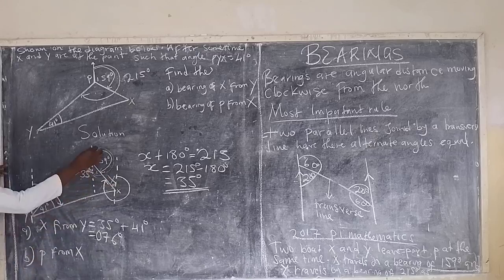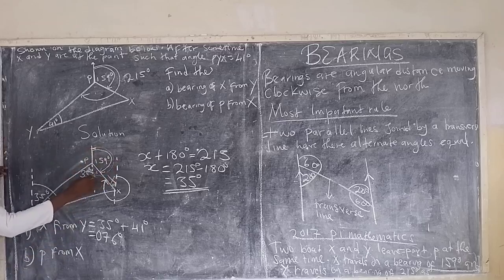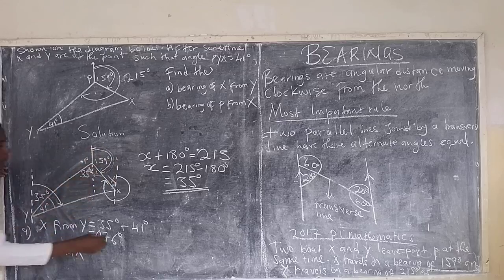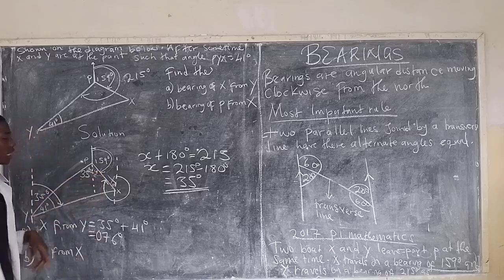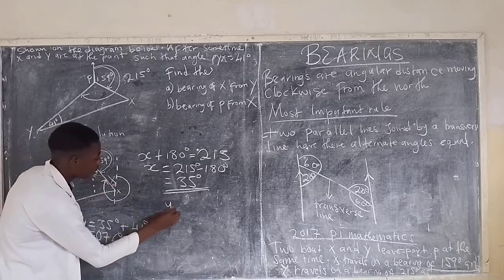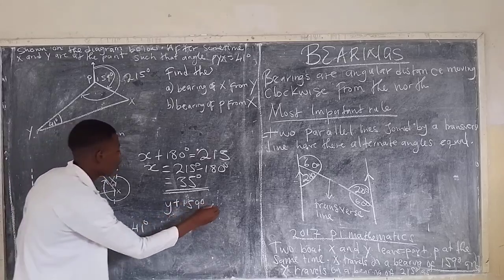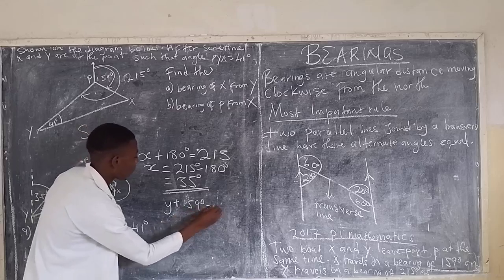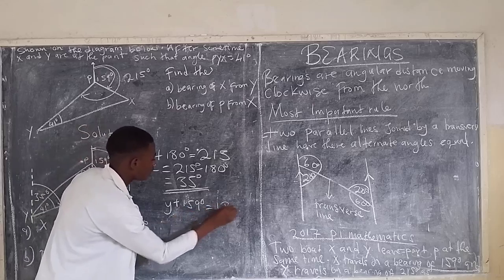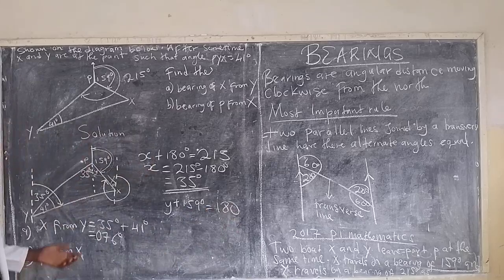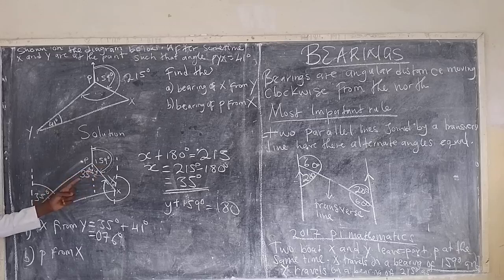Remember, when solving the last one, I said this is a 108. To find this, we can just subtract. Let's say I name it as y. I can say y plus 159 degrees should be equal to 180, since this is a straight line. If you want, alternatively, you can add 159 plus y plus 85, which should be equal to 215.